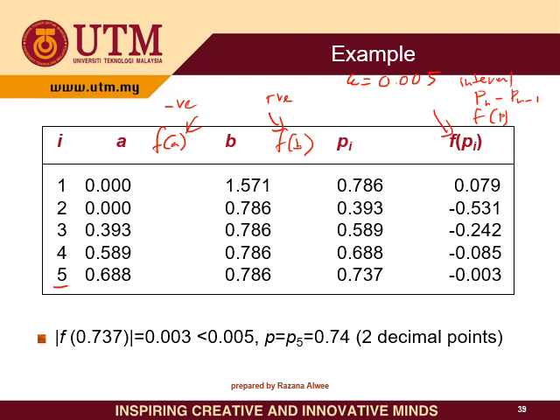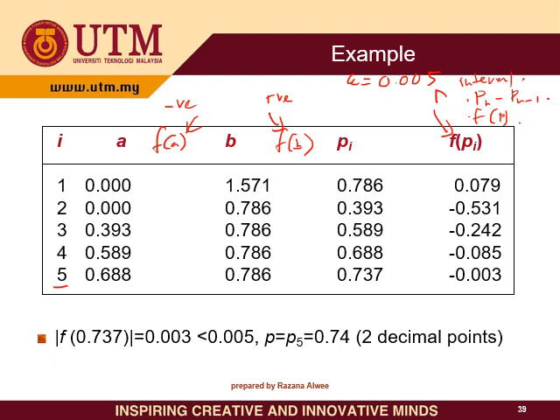One of these, the interval, P, or the function F(p), must be less than 0.005. If either one of them is less than 0.005, we can stop the calculation and take it as the answer.